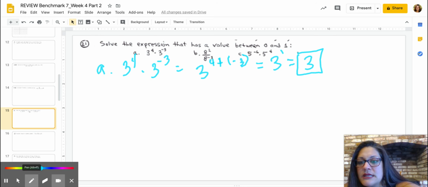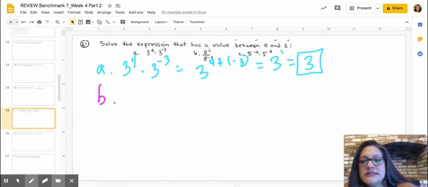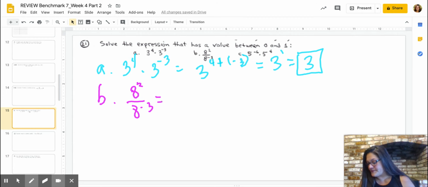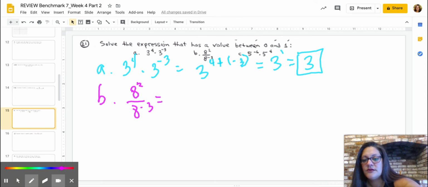Okay, get another color here. B is a division problem. 8 squared over 8 to the negative 3rd. Oh, I get what we're saying here. So we are going to be subtracting these exponents. Can you tell that's a negative 3rd? All right.